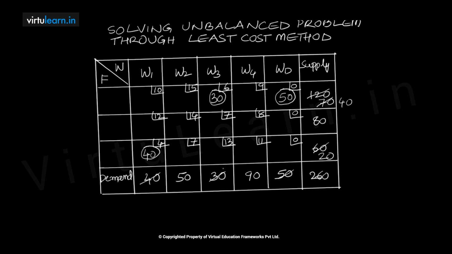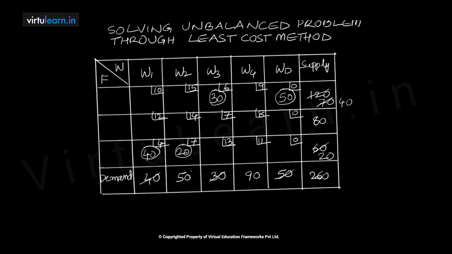We have the W2 column and the W4 column. We have to find the lowest cost among these. This 7 is the least cost. We actually require 50 units, but available from factory 3 is only 20 units. So we make 20 units.